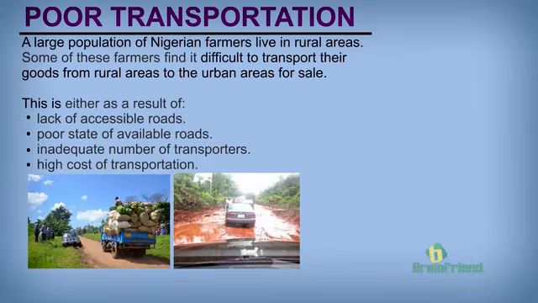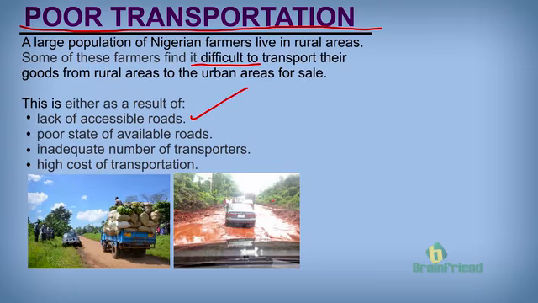The next problem encountered in Nigeria's agricultural sector is the problem of transport, tagged poor transportation. A large population of Nigerian farmers live in the rural areas, and some of these farmers find it difficult to transport their goods to urban areas. And they find it difficult because most times some of these rural areas lack accessible roads.